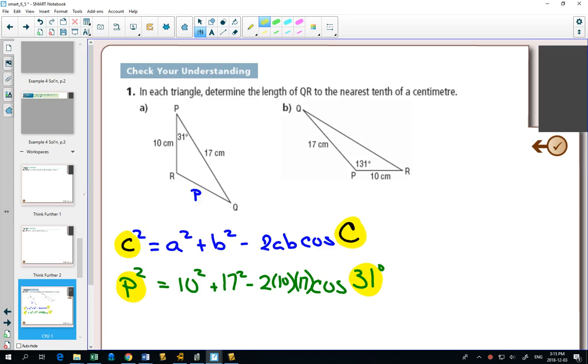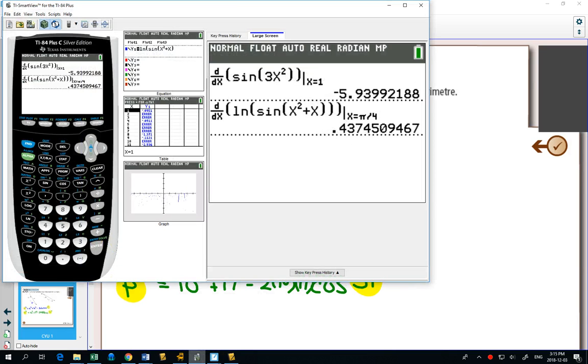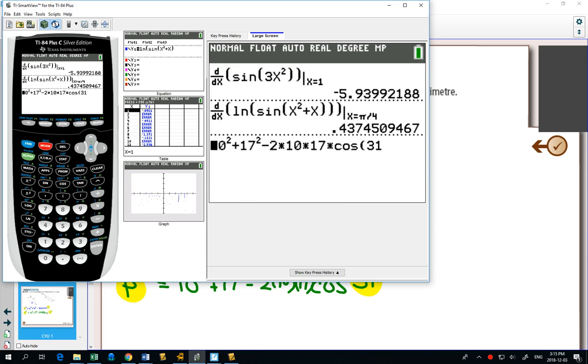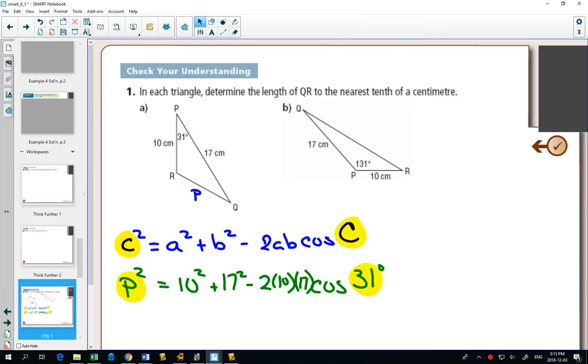Now we're going to go to our calculator and type this whole thing in. So we have 10 squared plus 17 squared minus 2 times 10 times 17 times cos of 31. Just going to double check that I'm in degrees. Push enter and we get 97.56. So writing this out, I now know that p squared is 97.56.